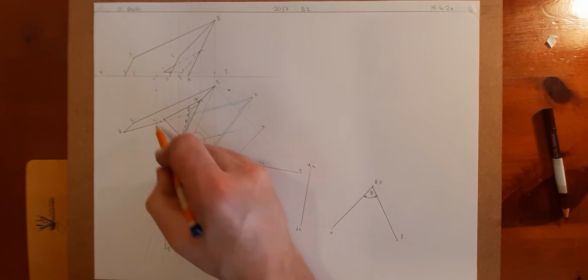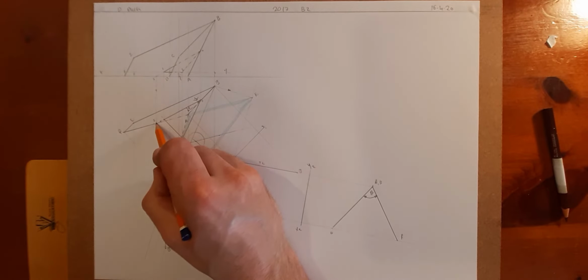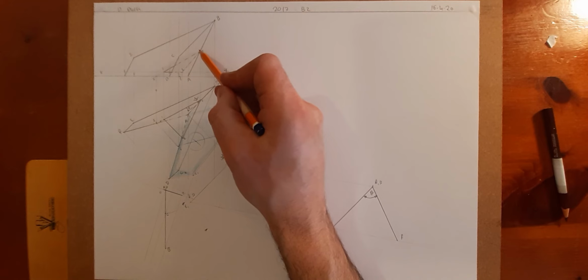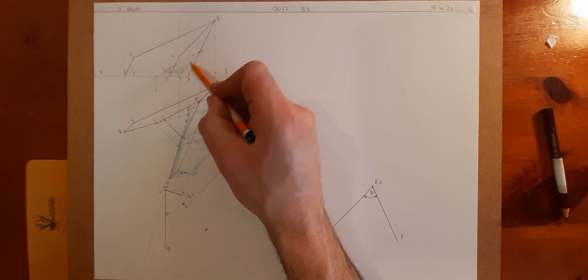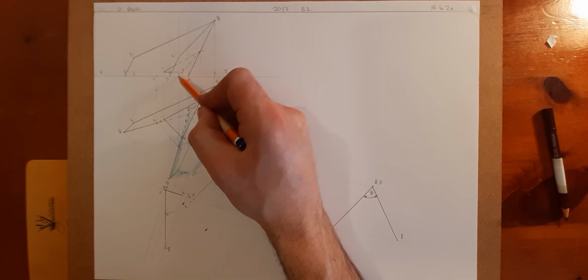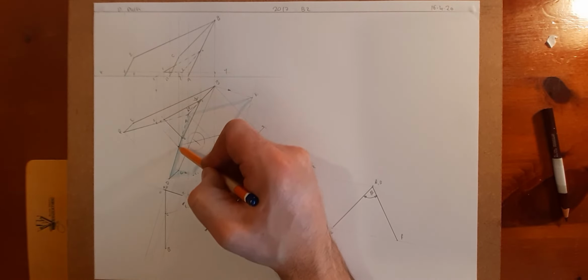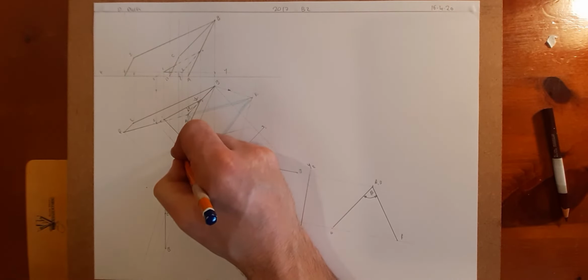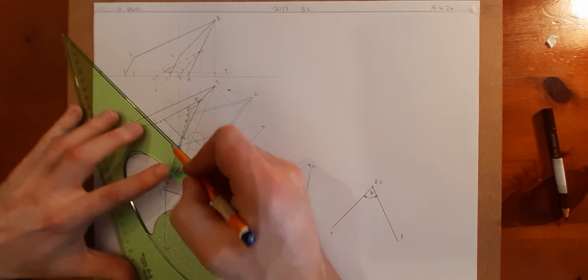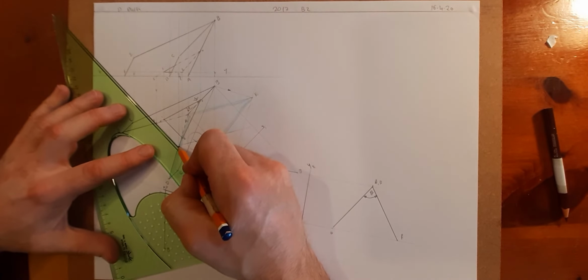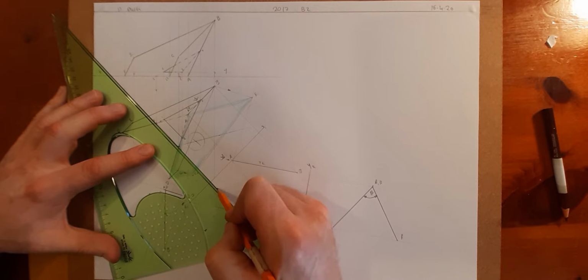That would find you S. So that's 1 point actually already got on the horizontal trace. And do the exact same with T. I would extend out the leg from X through 2 to get T, if I hadn't done already. And I'd drop it down, do the same thing down here. And so that's actually another point there on the horizontal trace. So you actually have S and T are 2 points on the horizontal trace.